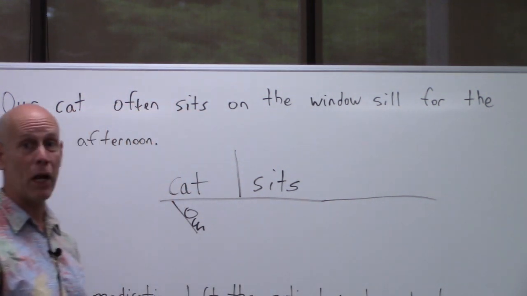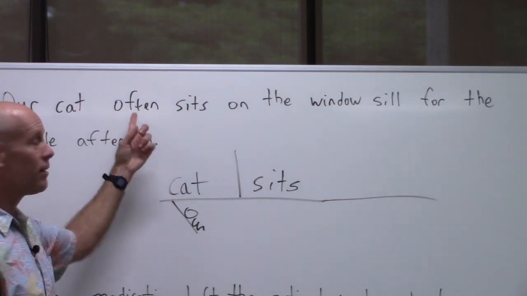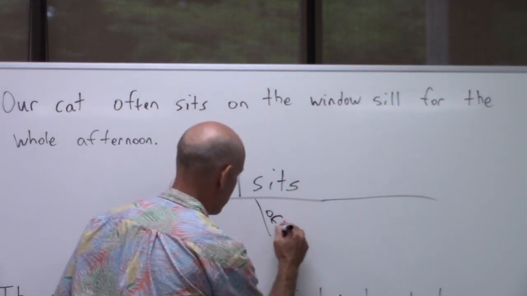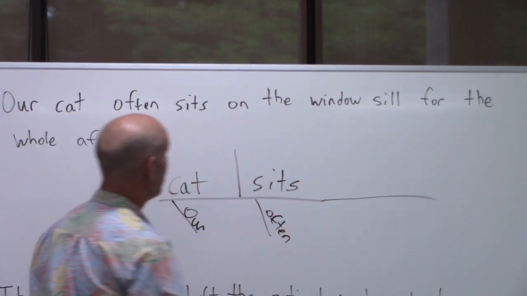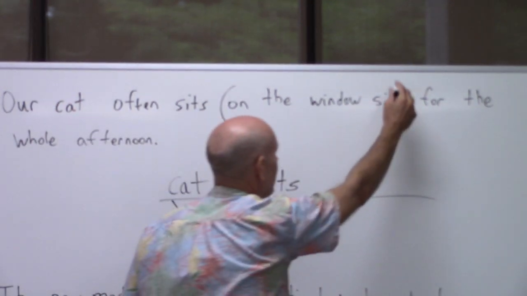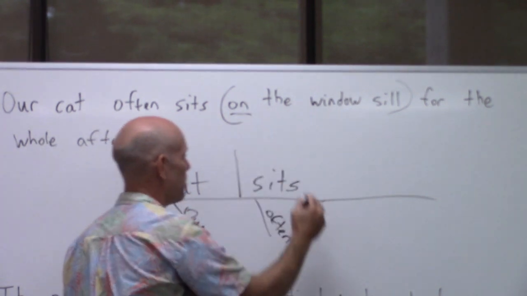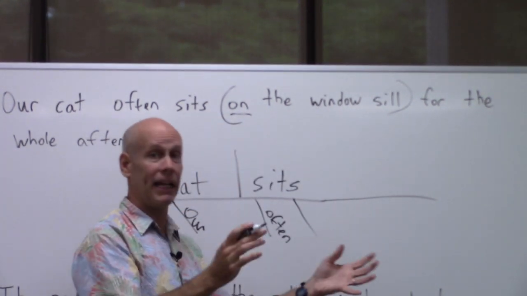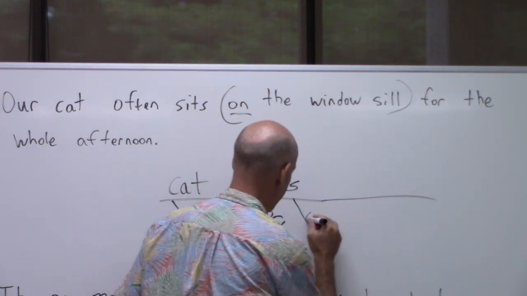Time and place. When does the cat sit on the windowsill? Often. All right. Where does the cat sit? On the windowsill. And this is our, of course, prepositional phrase. Time and place. Those are always adverbial.